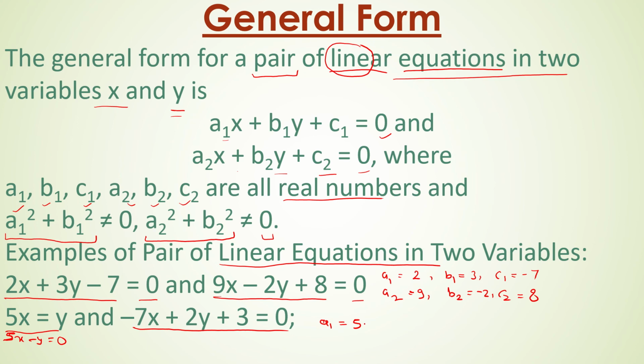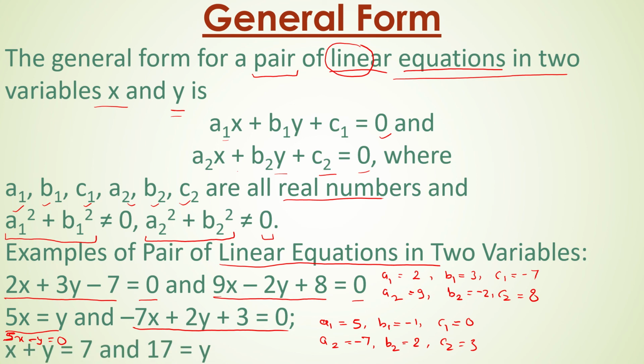So here, comparing with the standard form, we get a1 as 5, b1 as minus 1, c1 as 0. We have a2 as minus 7, b2 is 2, and c2 is 3. We have one more equation, that is x plus y is equals to 7 and 17 equals to y.